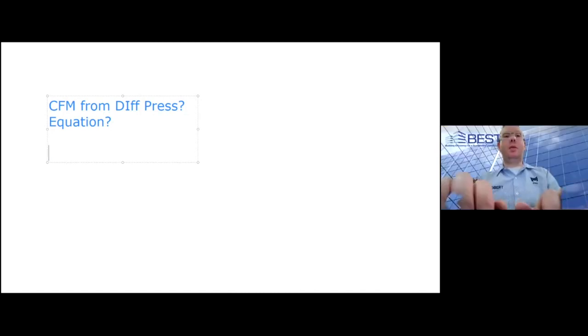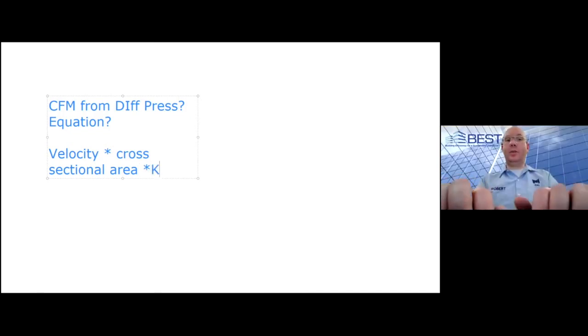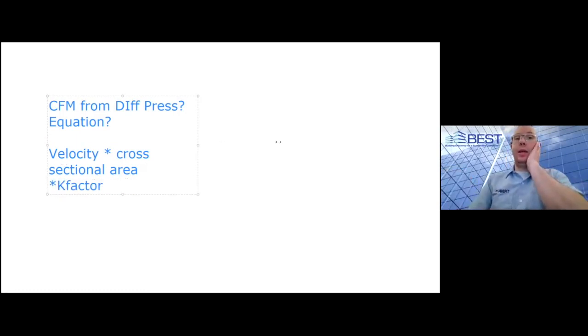Differential pressure, or velocity pressure, times cross-sectional area, times a K factor or a calibration factor. If you want, you can often get away with labs like this without it, but it is something that you should talk to your students about.